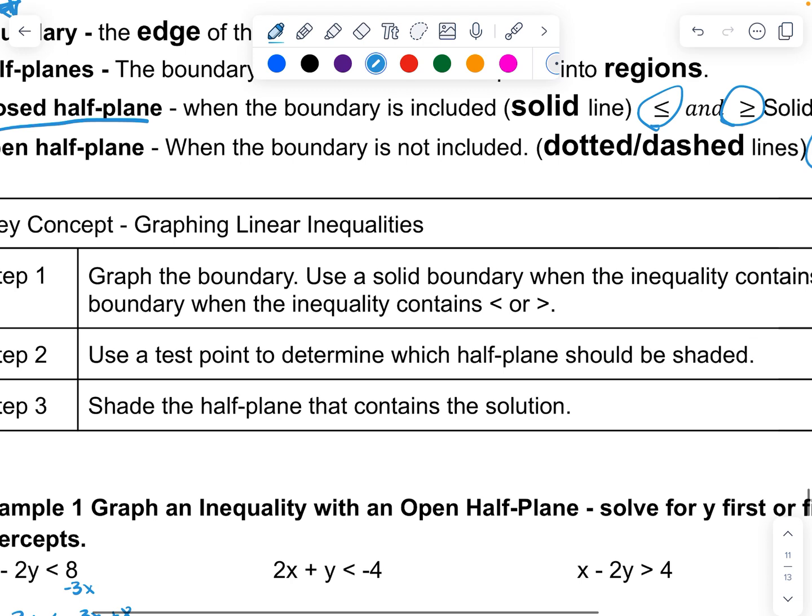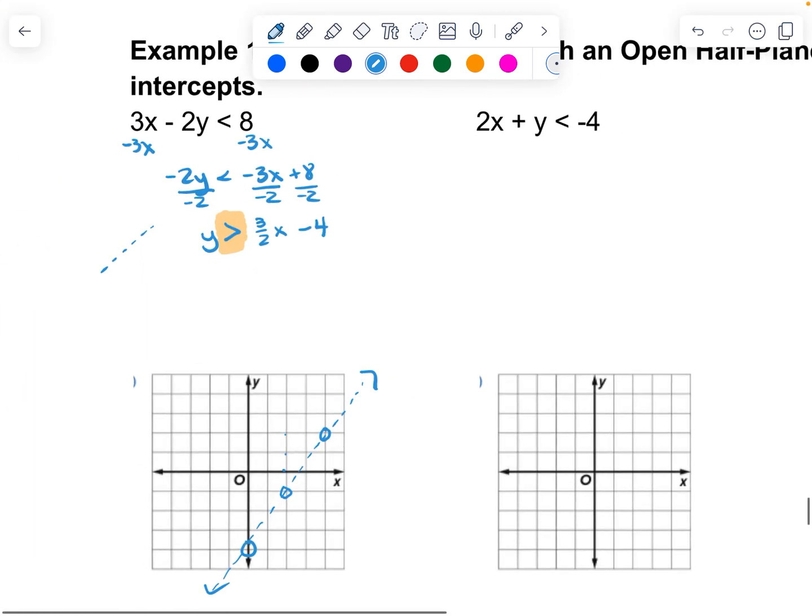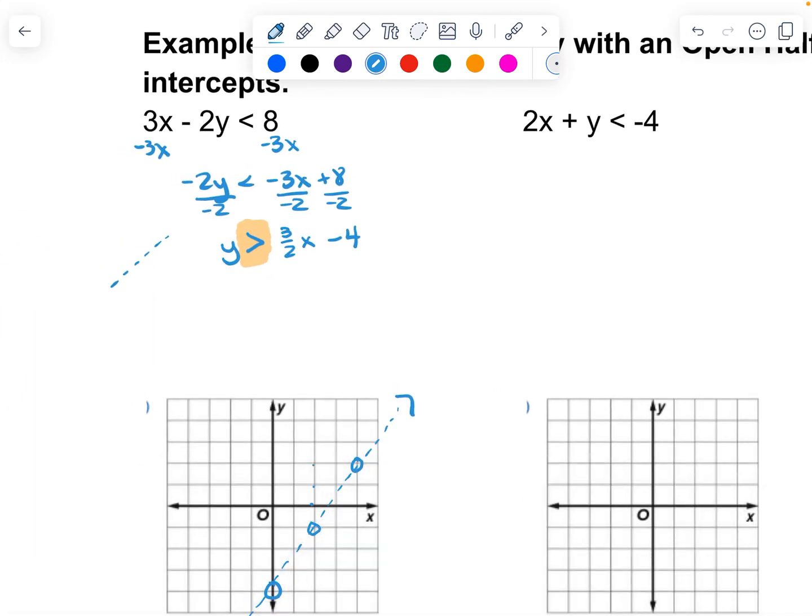Now we've graphed our boundary line, and we're going to use a test point to determine which half should be shaded. One of these two sides is going to be shaded. I'm going to give you a hint: if the point 0, 0 is not on the line, that's what I would use.